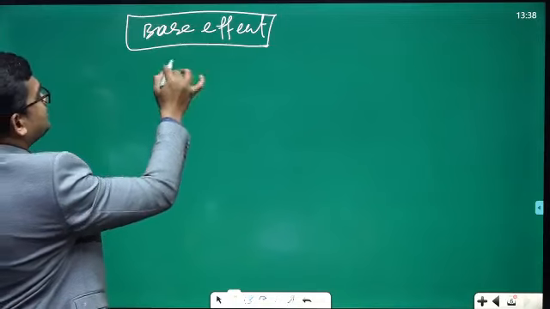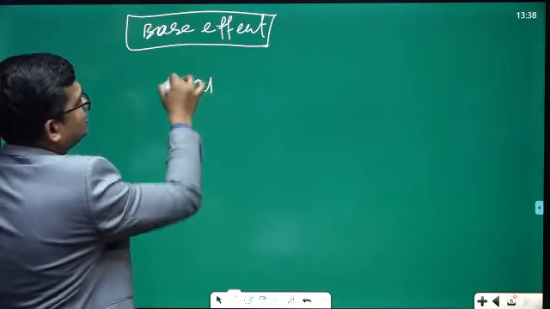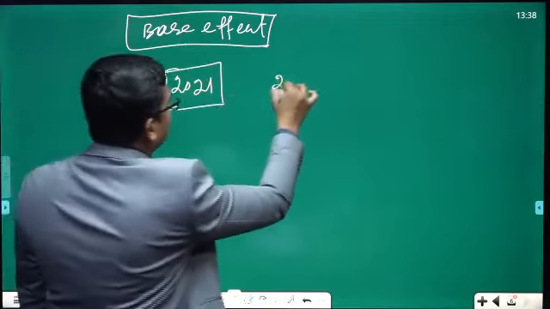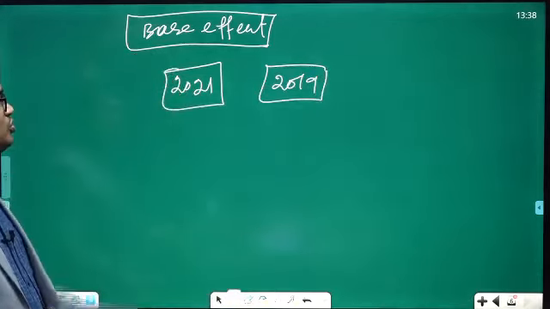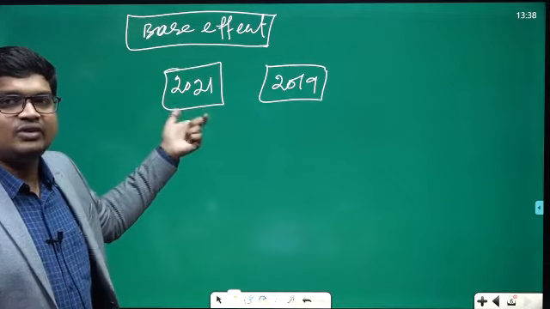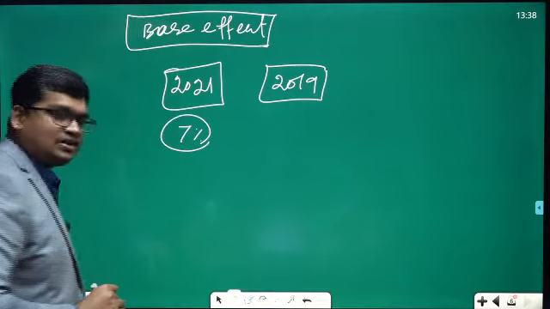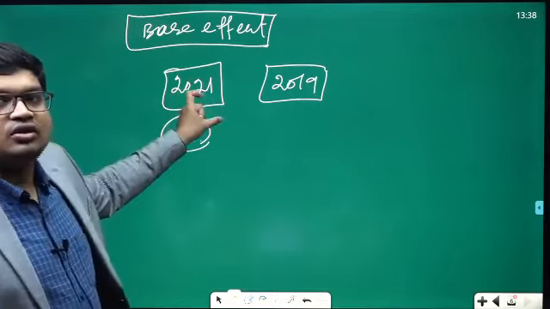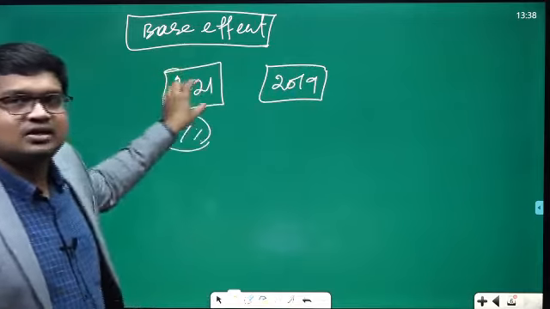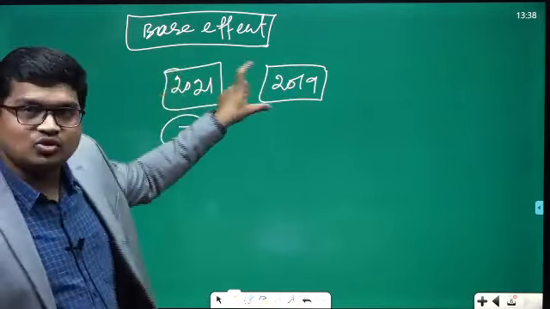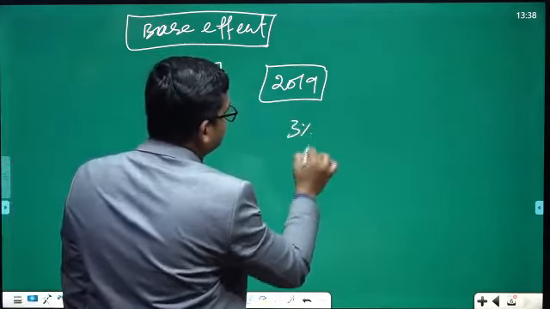Suppose you want to compare 2021 inflation with 2019. What actually happens? Suppose you saw that in 2021 the inflation or price level is 7%, and in the same corresponding quarter in 2019 the inflation was 3%.